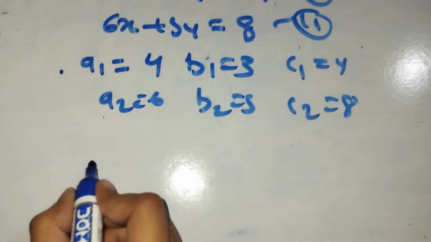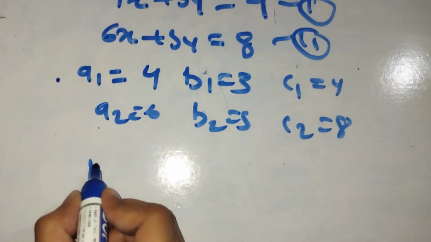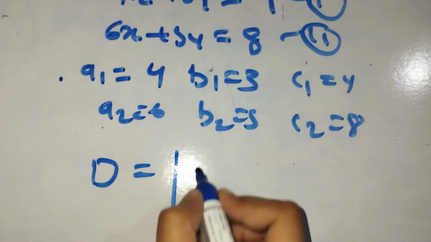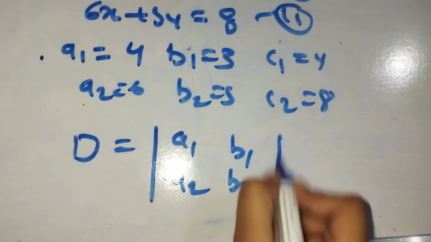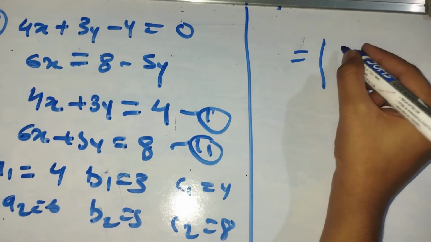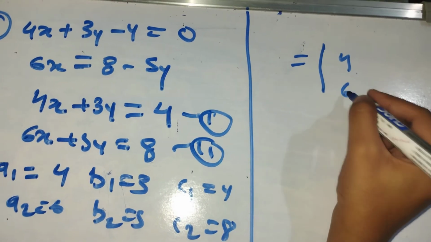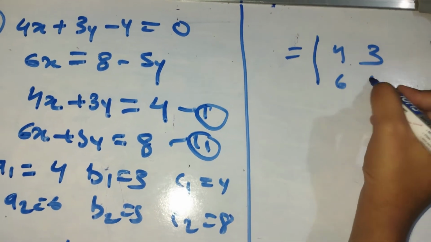So after giving the values, we have to find the D value. D, A1, A2, B1, B2. So A1 is your 4, A2 is your 6, and B1 is your 3, B2 is your 5.